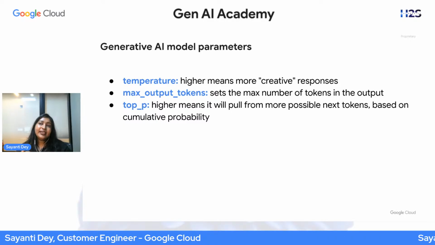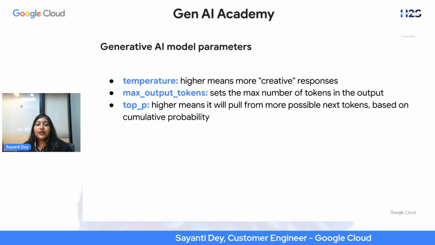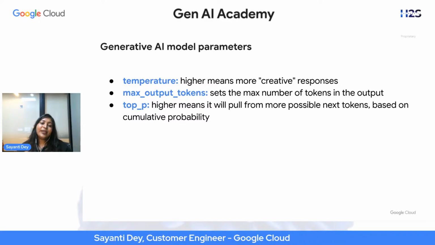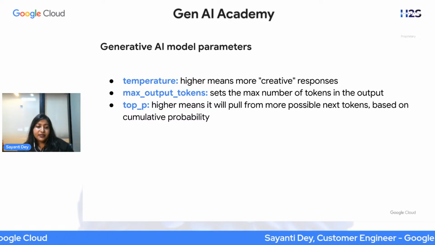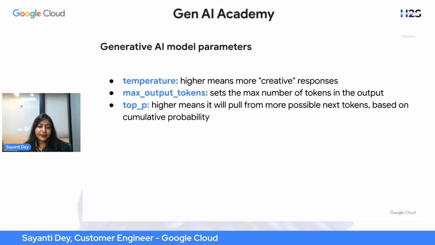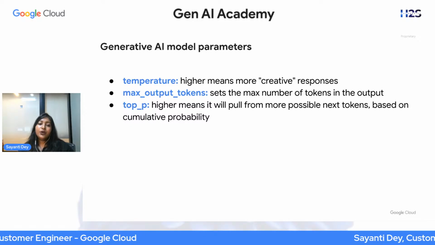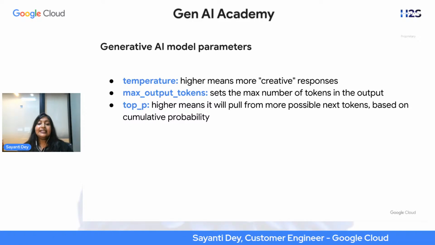So how do we still use this model to get real-time data? In that case, you can provide a function called get weather, which takes a location parameter and returns information about the weather condition at that specific location, in our case Delhi. Similarly, if you want to know exchange rates, which is again a real-time thing that keeps changing.